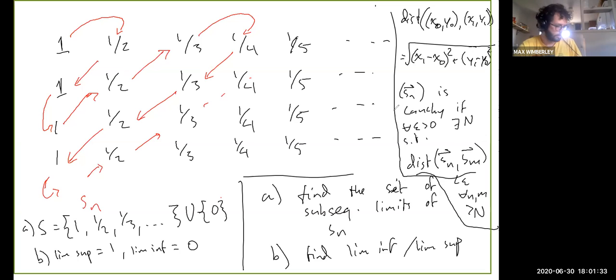Okay. And then the Bolzano-Weierstrass theorem will be true in the sense that if you say a Cauchy sequence converges, for instance, which is true.